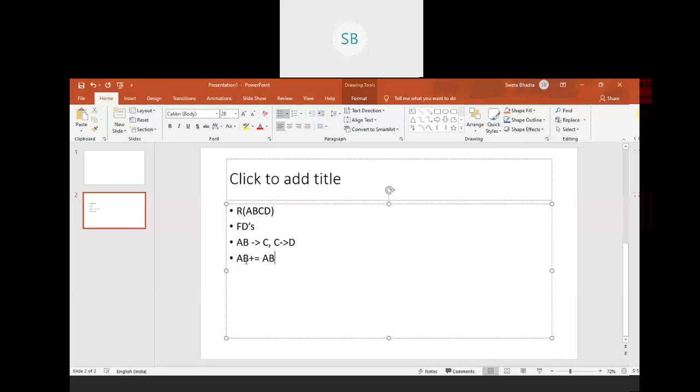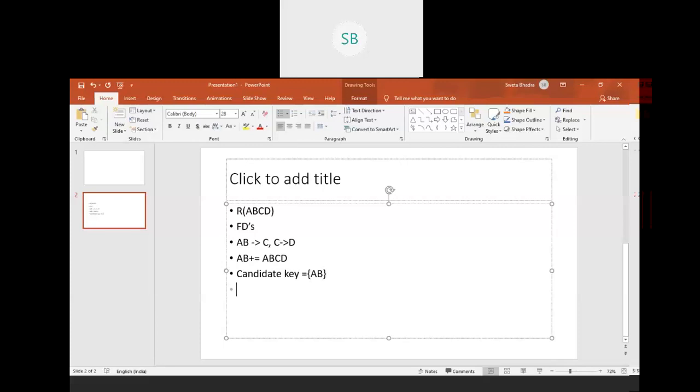From AB we can determine C, and from C we can determine D. So this AB closure is determining everything, all the attributes A, B, C, D. This means AB is our candidate key, A and B together.